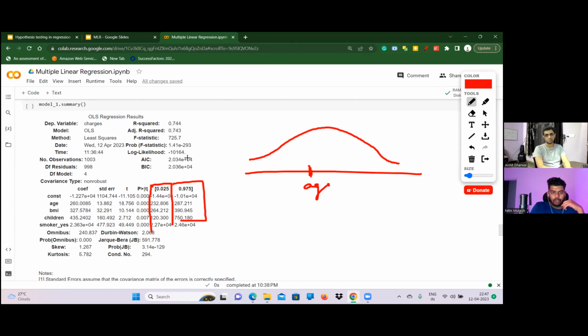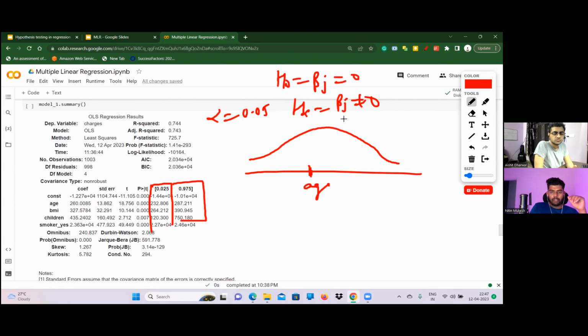If you choose alpha equal to 0.05, then we know that when you do hypothesis testing, we say that beta j is equal to 0, and your alternate hypothesis is beta j not equal to 0. Since this is a two tailed hypothesis, you can take alpha by 2 on each side, and calculate these two values. So these are those two values for a particular thing.